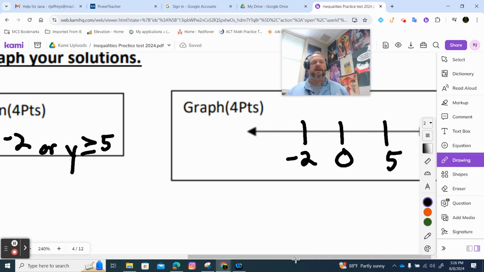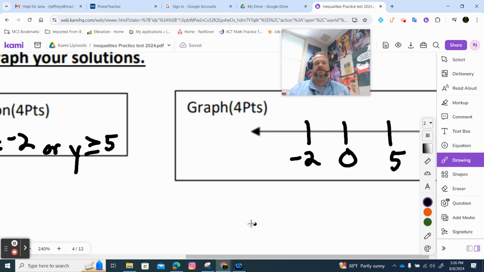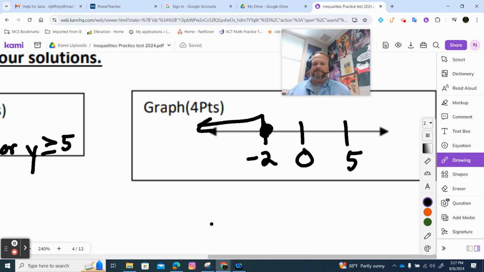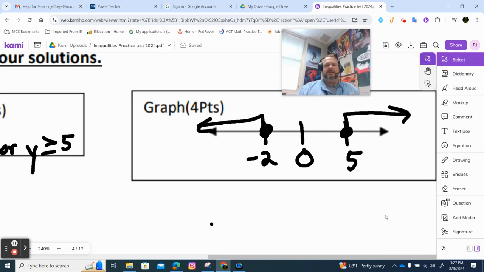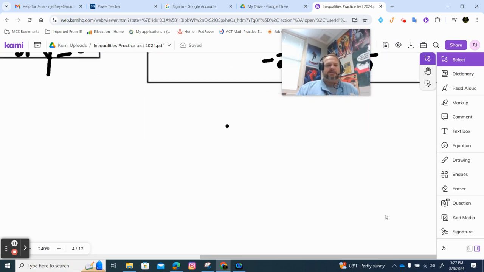So we are going to have, let's make sure I get my circles right, a closed circle, and we're going to shade this way because less than goes to the left. It's like it rhymes. And then we're going to close this circle, and go to the right because greater than would be the opposite of less.